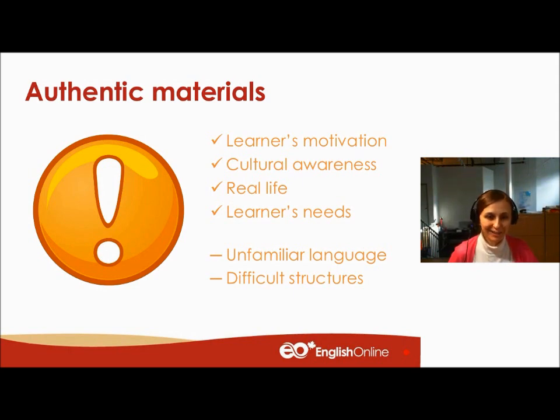Authentic materials can be described as anything created for native speakers of the language: newspapers, brochures, TV shows, songs, news, anything. And if we are talking about the online environment, basically anything on the web that was created for native speakers is an authentic material. And you can use all these resources for your sessions, for your classes.